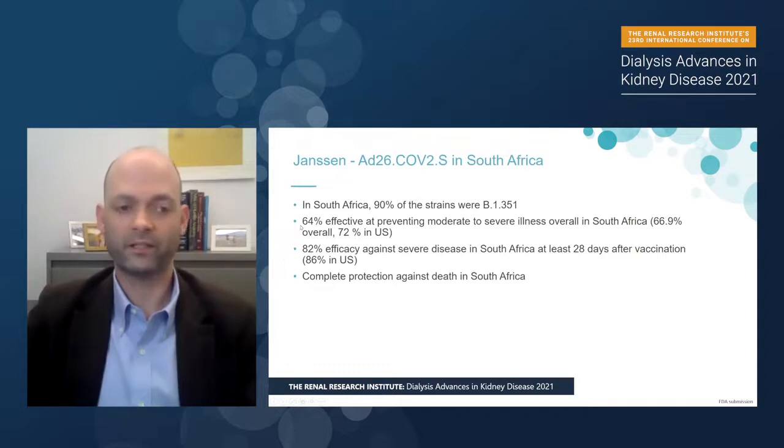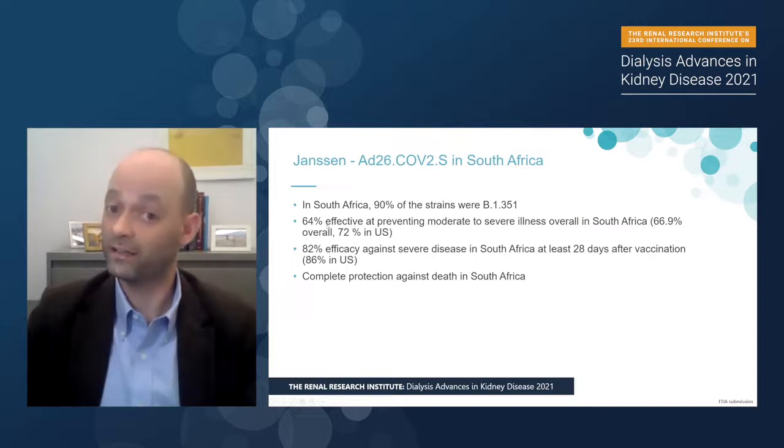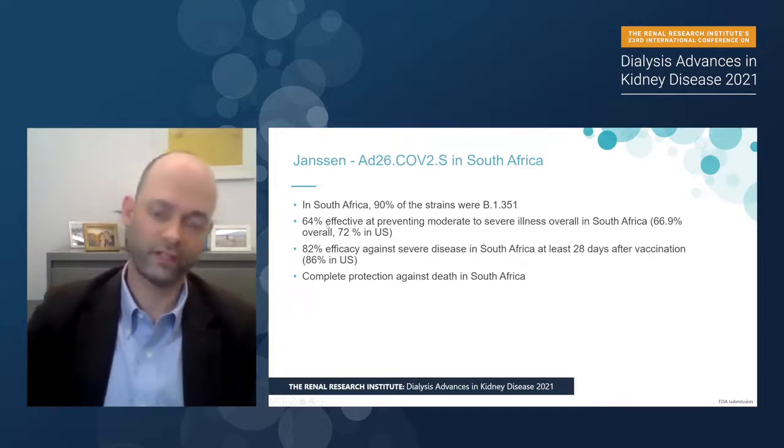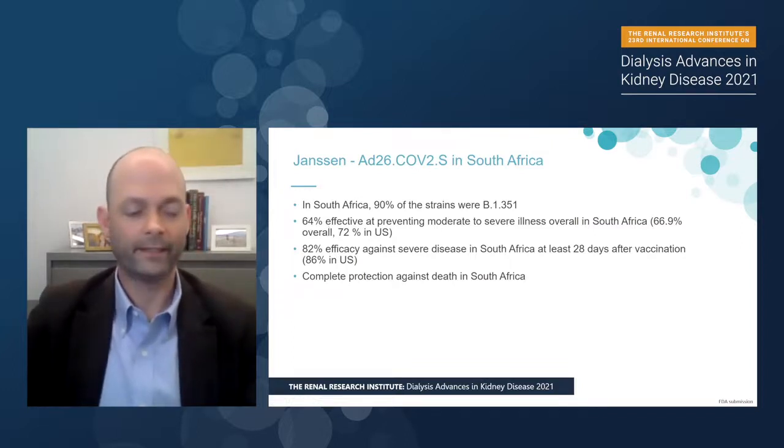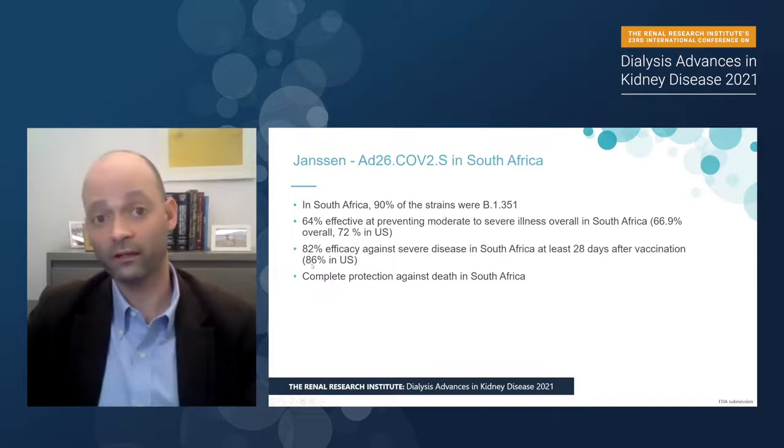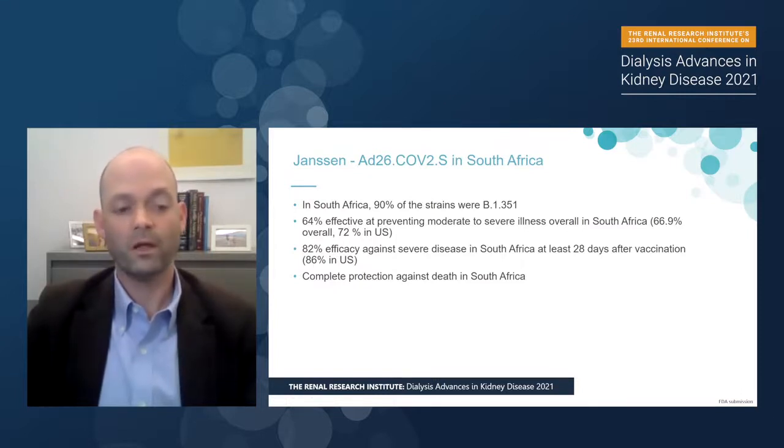Overall, the effectiveness was 64%, so a little bit more positive there, especially when it's compared to 67% overall and 72% efficacy in the United States. So not that different. This was sort of hailed as positive outcomes. And 82% efficacy against severe disease, at least 28 days after the vaccination, and not that different, again, from the United States efficacy results. And actually there were no deaths in the South African cohort.